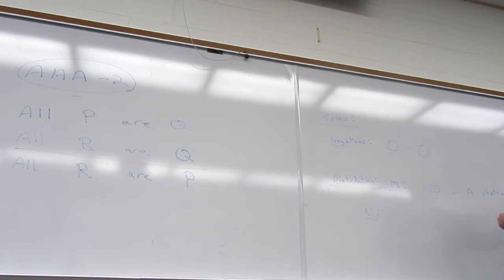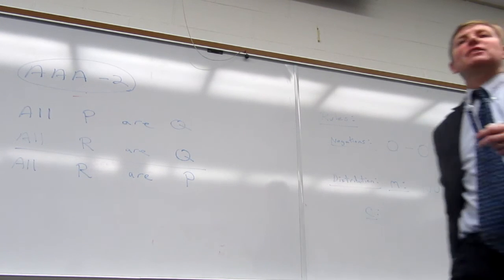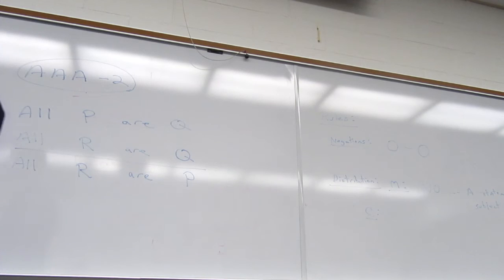The middle term is the predicate of 2 A statements. A statements distribute subjects only. So at this point, we can do what?